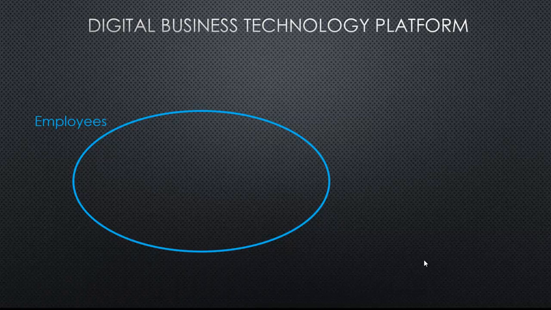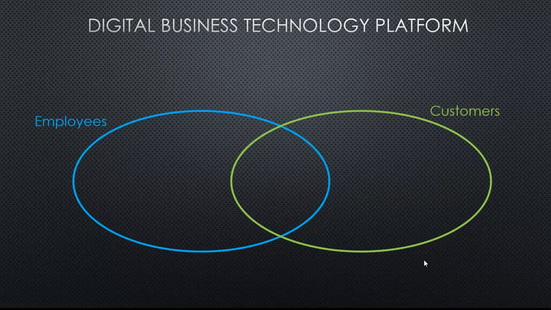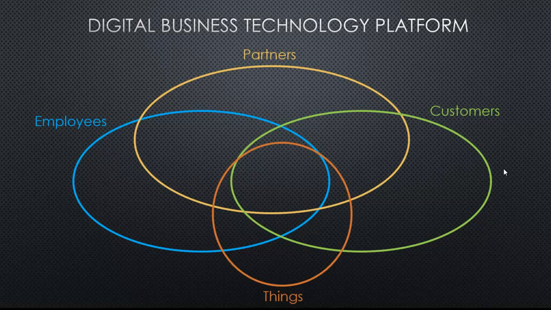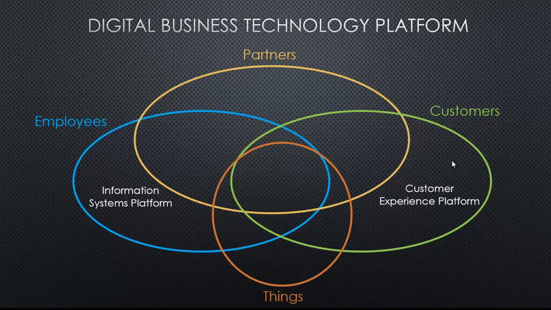Ultimately, Office 365 provides you with a digital business platform that can combine your employees together with your customers, partners, and things, providing that important component that forms your information systems, the customer experience, and collaboration.